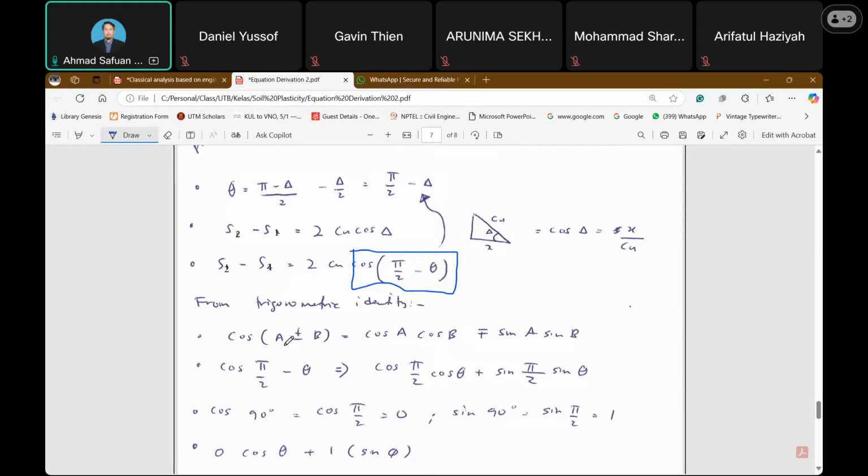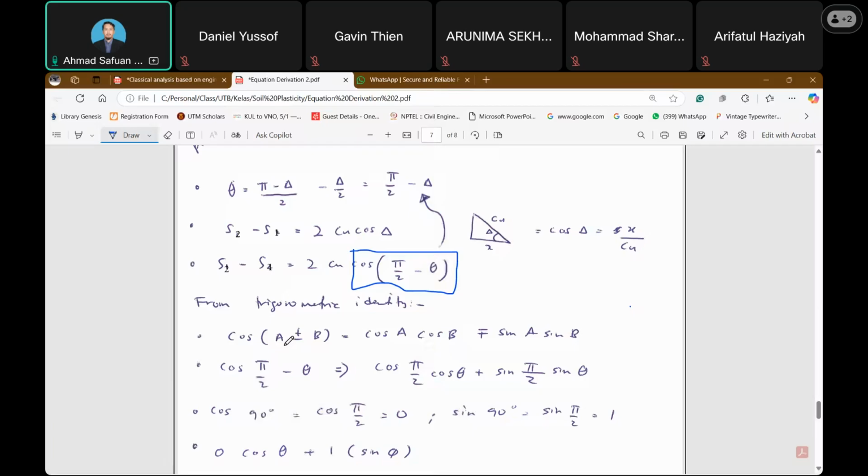So cos 90 is equal to 0, and sin 90 is equal to 1. So this will be 0, and this will be 1.